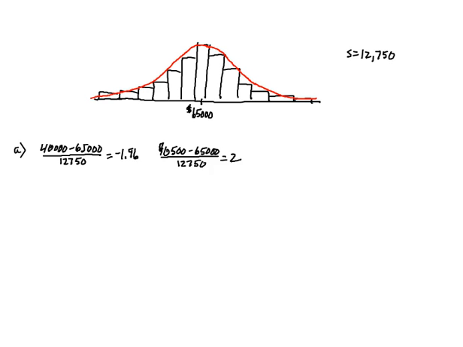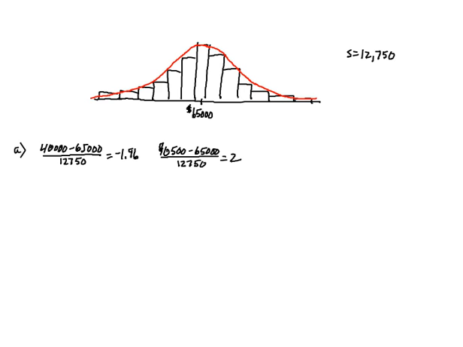For the 40,000, subtract the average, divide by the standard deviation. The 40,000 is negative 1.96, so it's negative 1.96 standard deviations to the left of the 65,000. The 90,500 has a z-score of 2, so it's approximately 2 standard deviations to the right.